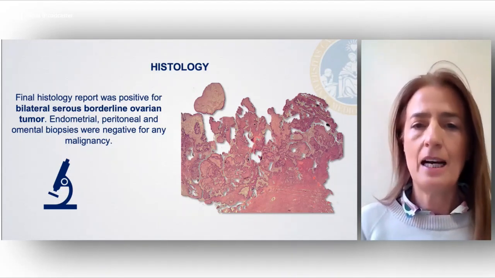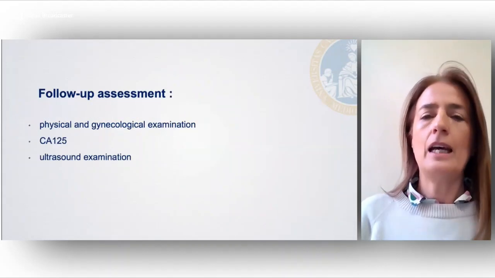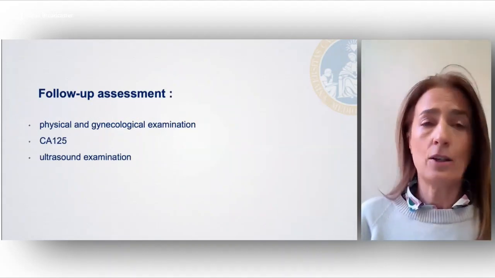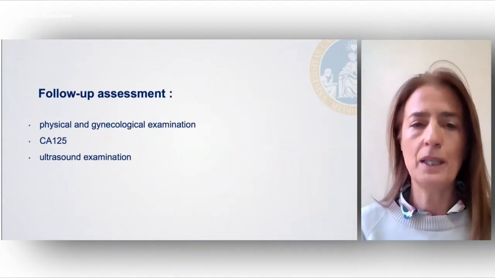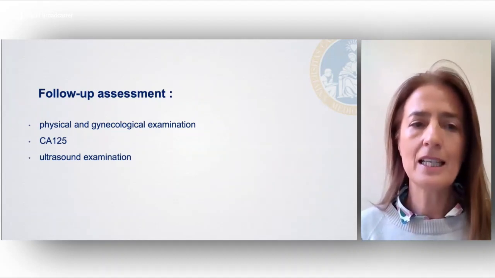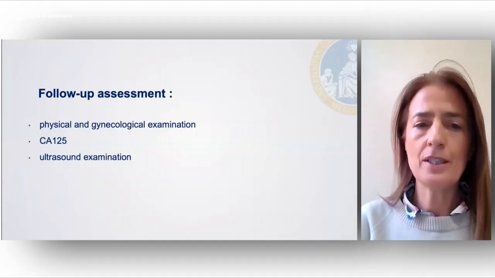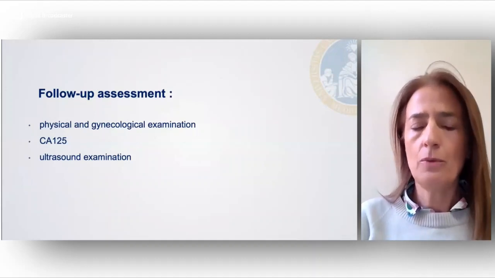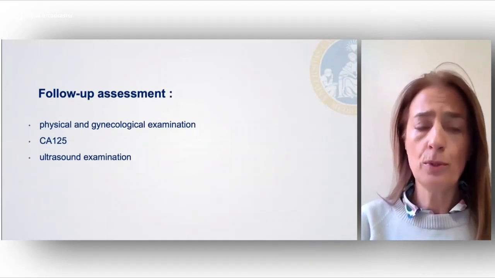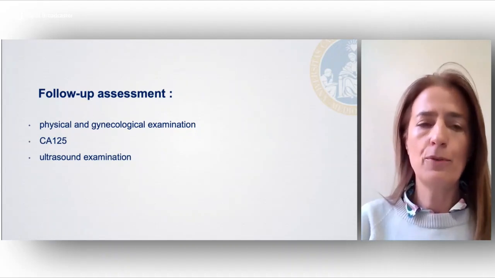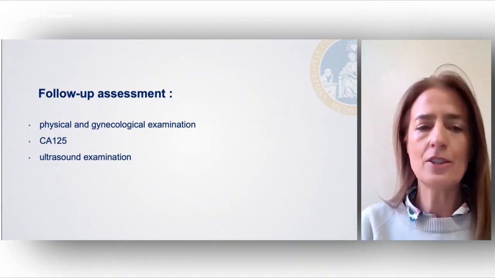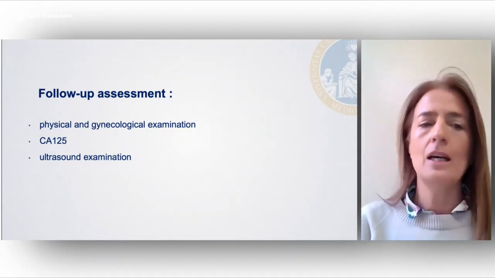So after histology, the patient can try to become pregnant, but we have to follow up these patients using which kind of diagnostic tool? We usually perform routine ultrasound examination.